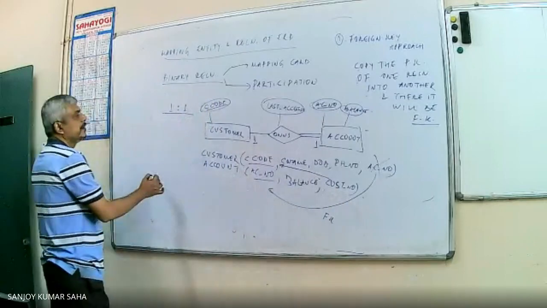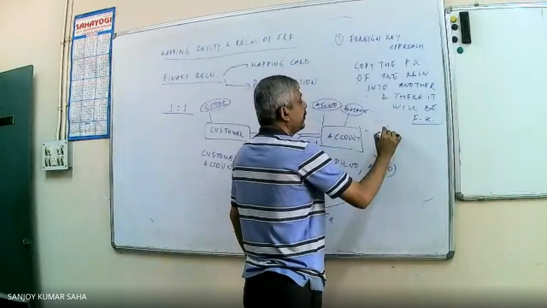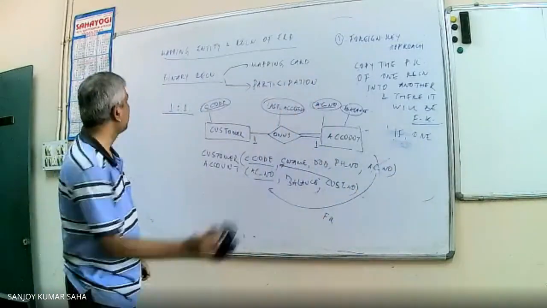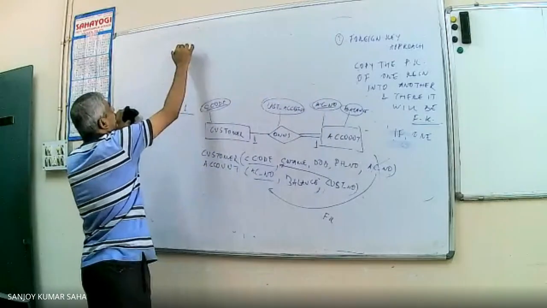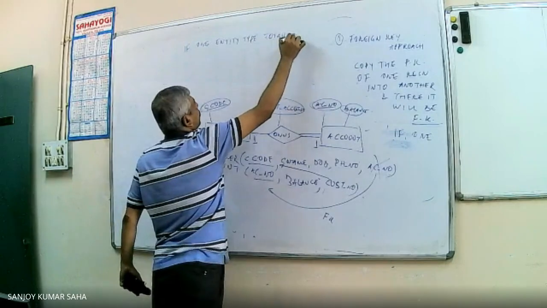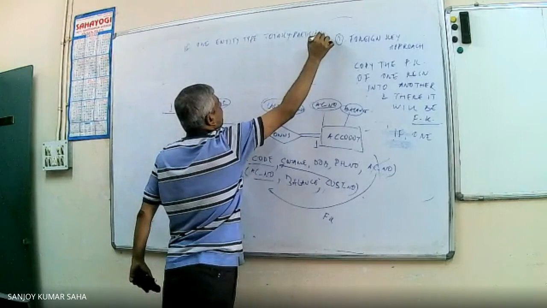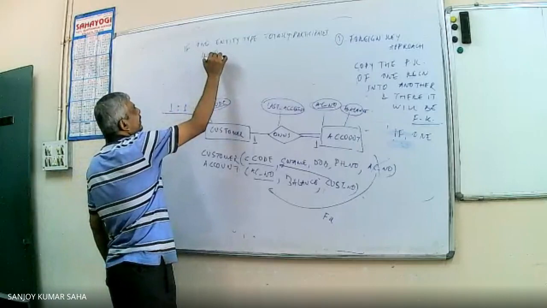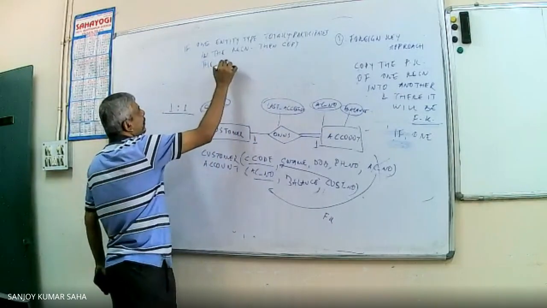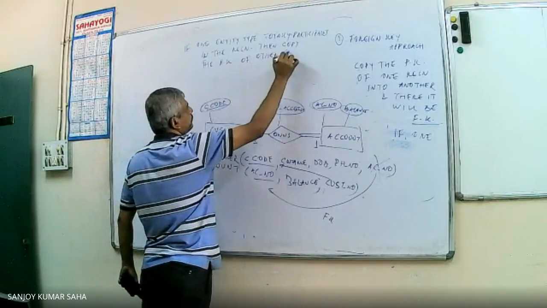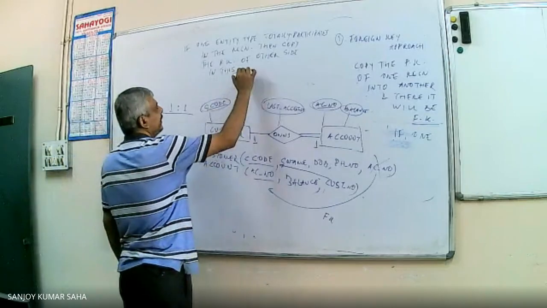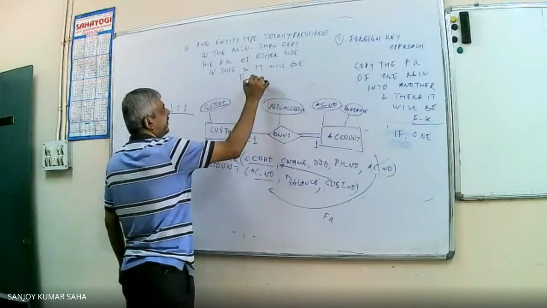So right, that means if one entity type totally participates in the relation, then copy the primary key of the other side, and it will be a foreign key here.